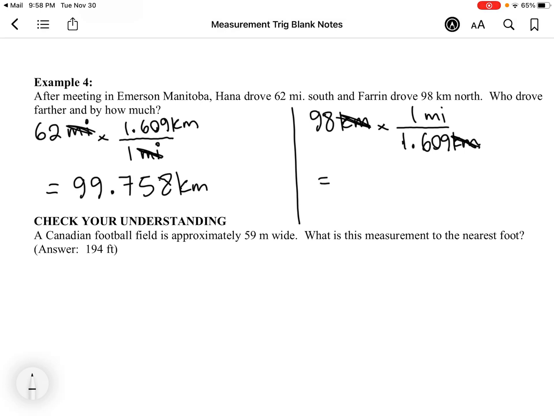And when I do this, 98 times 1 divided by 1.609, I get 60.91 miles. Okay, so we can either say that here, if I go 99.758 minus 62, sorry, not 62.